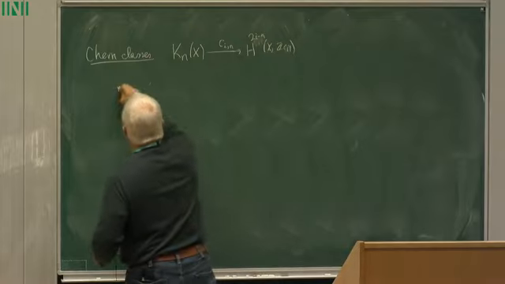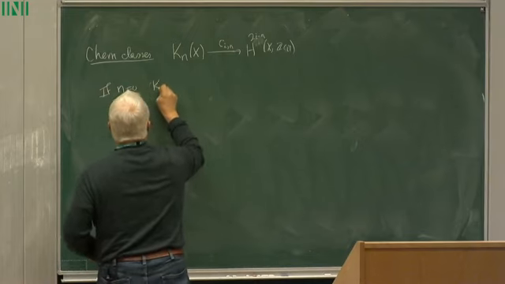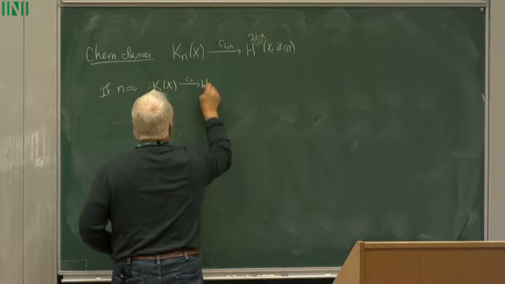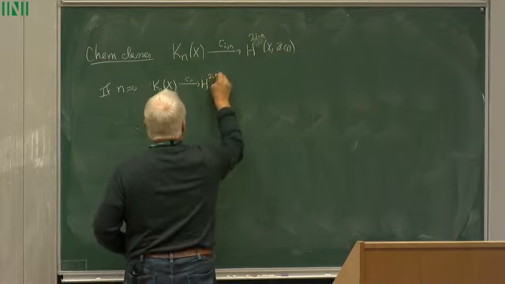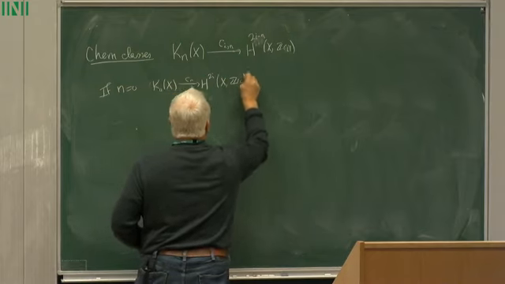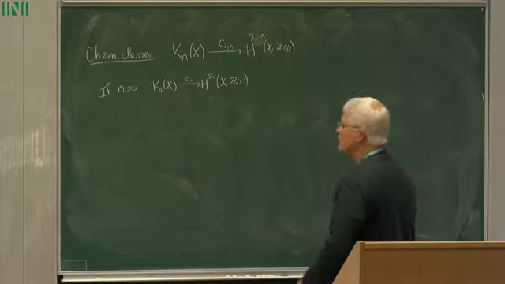So if n is equal to 0, then we get K_0 of X going to H^{2i} of X with coefficients in Z(i). So these exist.